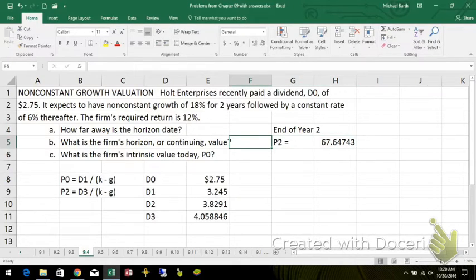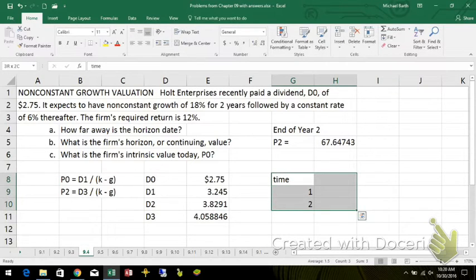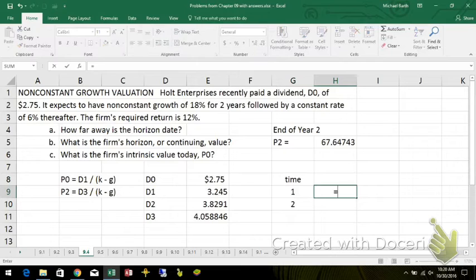Okay, so what's the firm's intrinsic value today? Okay, so if I took the present value over a period of time, so the time horizon in year 1 and year 2, this is what I can expect to receive. At the end of year 1, I should get $3 and change as a dividend.